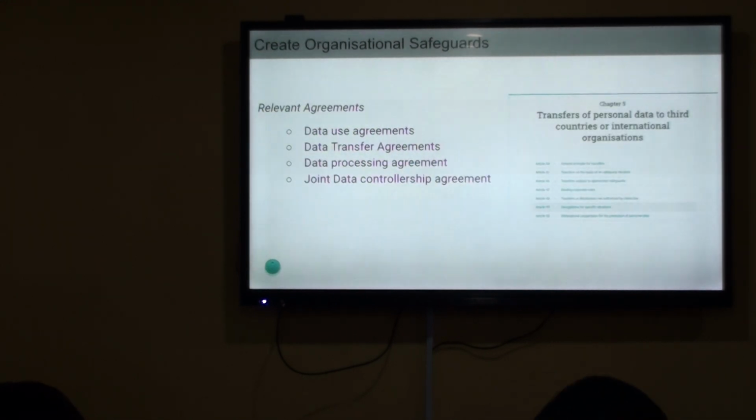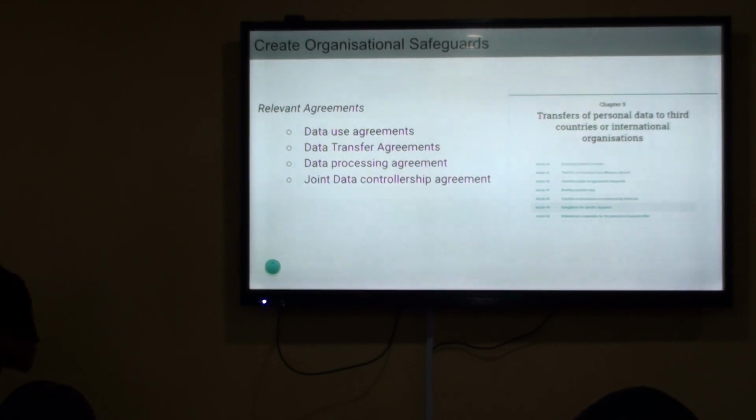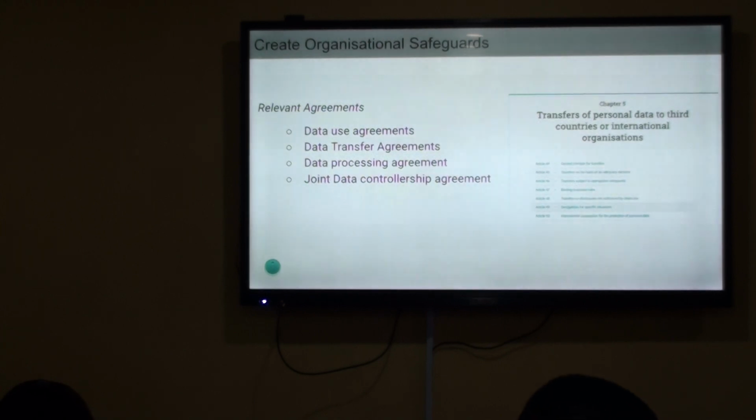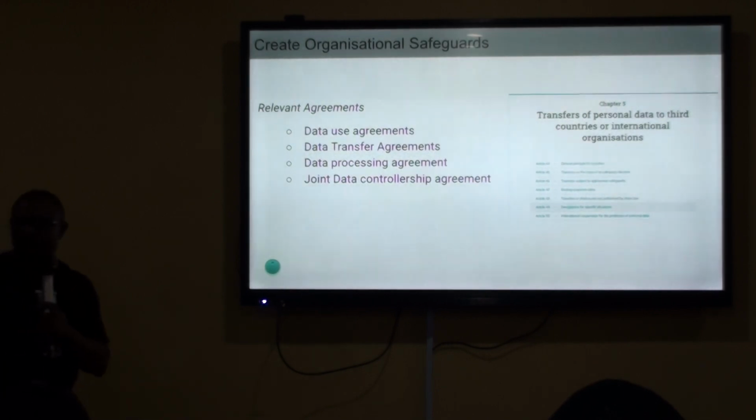And then organizational safeguards. If you have identified your lawful basis, you've developed your technical and organizational measures with pseudonymization, with encryption, and then you have to set up some of these agreements: data use agreements, data transfer agreements, data processing agreements. Who has seen one before?